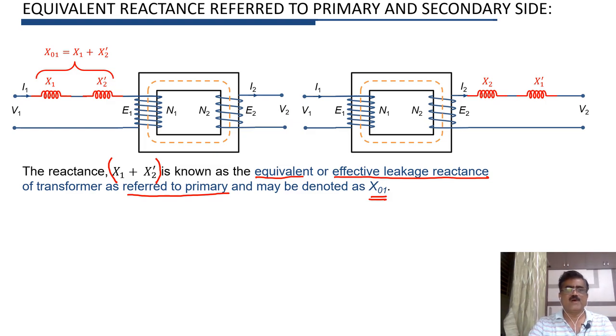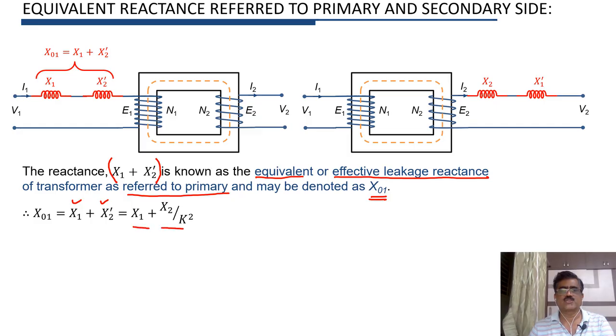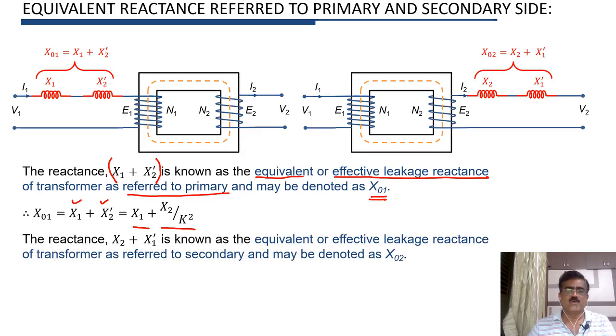So X01 is equal to X1 plus X2 dash, and therefore it is equal to X1 plus X2 upon K square.